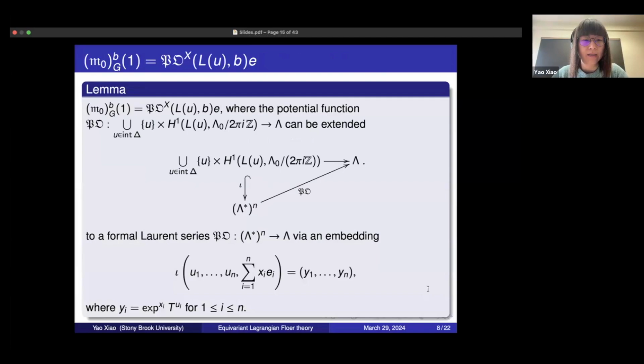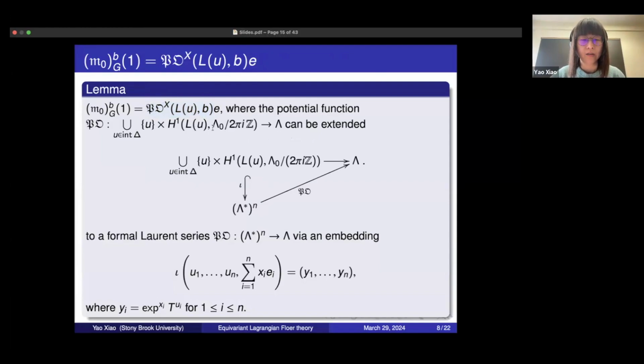A key point here is that m_0^{G,b} is a multiple of the unit of the A infinity algebra. In particular, this multiple is given by this constant in front of the unit, where e is again the formal variable for keeping track of the Maslov index, and this is the potential function on the pair L and b.